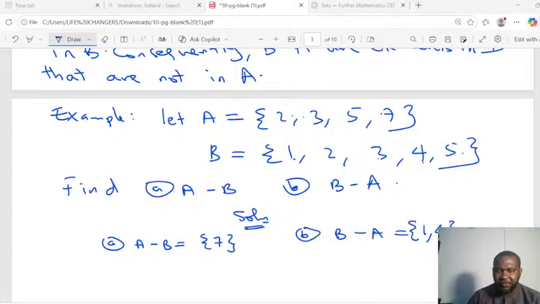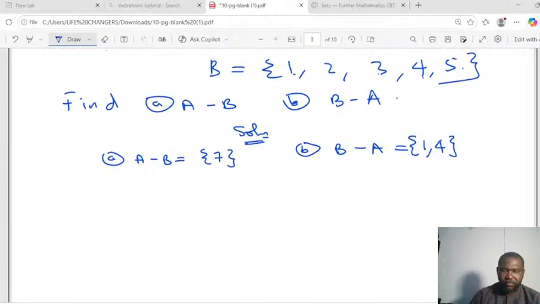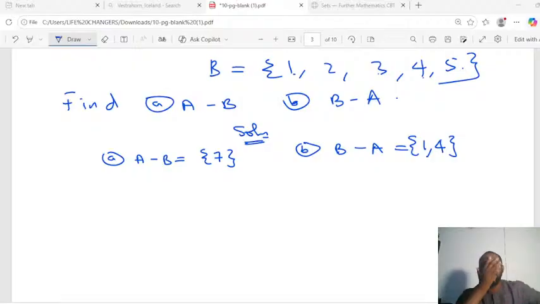That's the answer. And I think that Gina got that. Yes, Tony George got that correctly. Yes, 1, 4. So complement and difference are just the same thing.